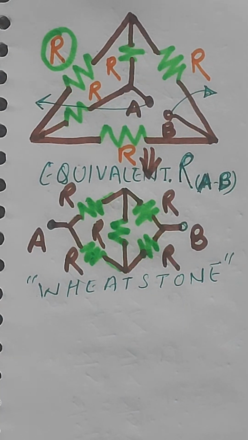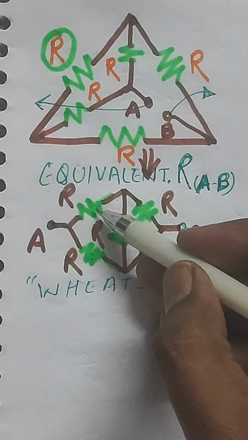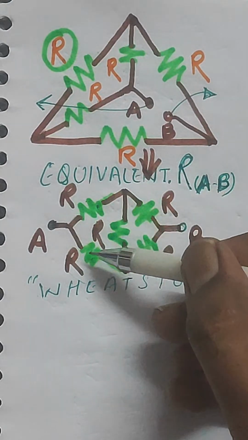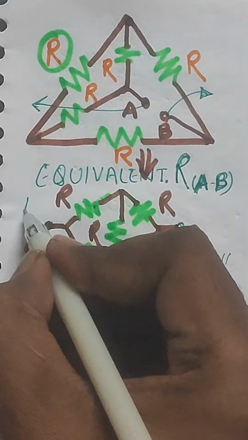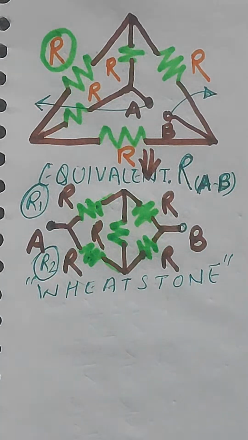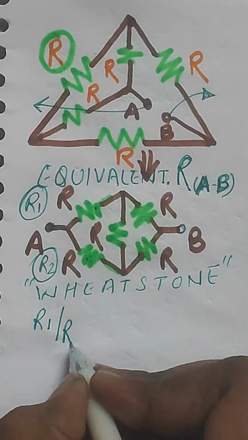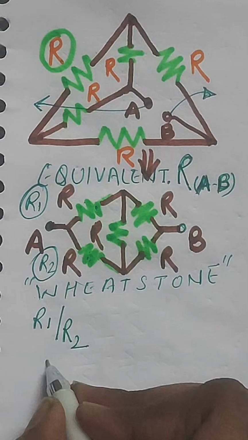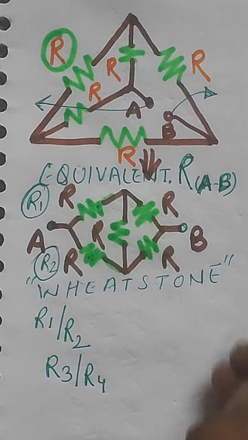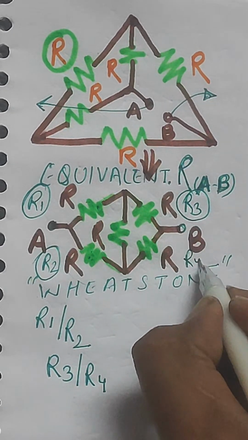right? So in the Wheatstone bridge, what we have learned: the ratio of the resistances which are connected to the left terminal, that means R1 by R2, if this was R1 and this was R2, then the ratio R1 by R2 should be equal to the ratio R3 by R4, where this is R3 and this was R4.